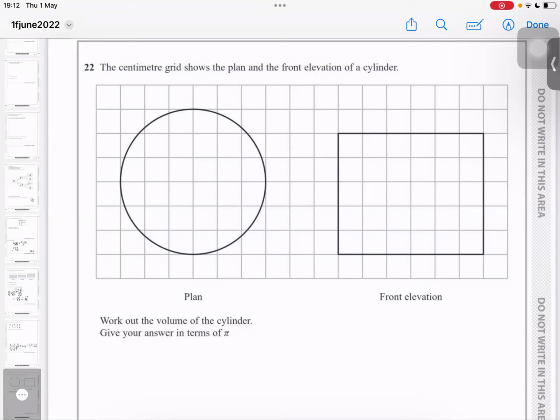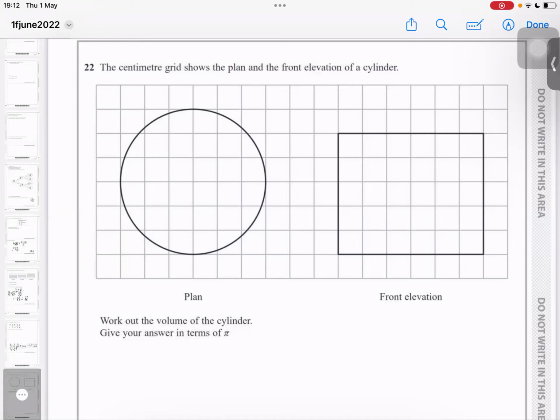Okay. So I started by saying that the volume of any solid shape, a cylinder inclusive, is given by the area of the shape on top of that solid shape, which in this case is a circle, times the vertical height. Now, if you want to remember what I just said, just remember the volume of a cuboid. A cuboid is length times breadth times height.